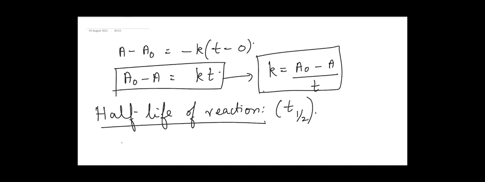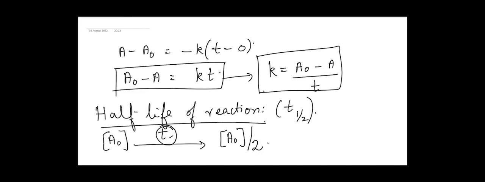If the reactant concentration initially is A naught, then after time t, the reactant concentration becomes A naught by 2. Then that time t is the half life of a particular reaction.